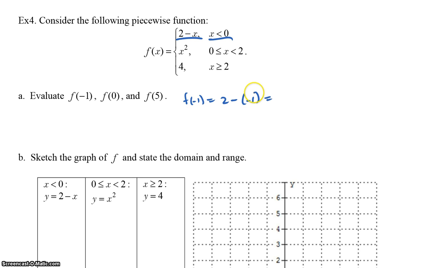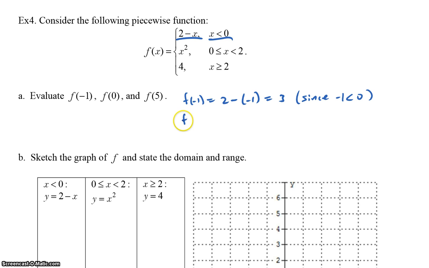That is 3. And I'll just put here next to this to remind you, since negative 1 is less than 0, we compute the function value using the first piece of the function.